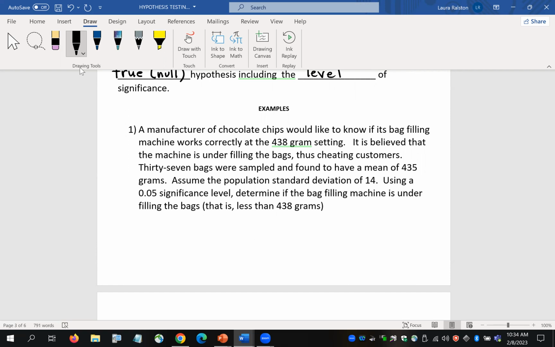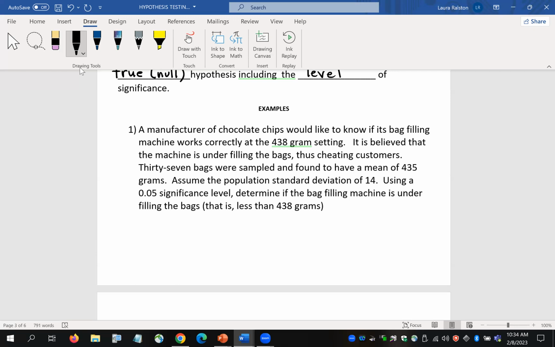It is believed that the machine is underfilling the bags, thus cheating customers. 37 bags were sampled and found to have a mean of 435 grams.